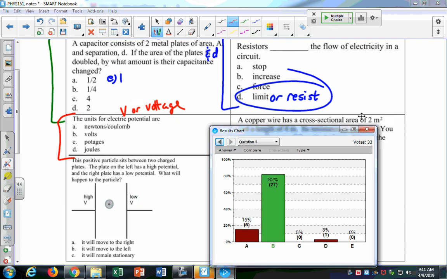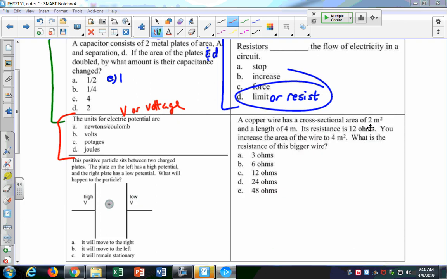He is right. It's volts. There are some alternative answers you could have for electric potential. It could also be joules per coulomb. The reason is that electric potential is energy per charge, and energy is measured in joules, and charge is measured in coulombs.